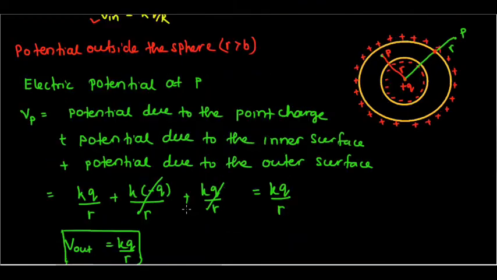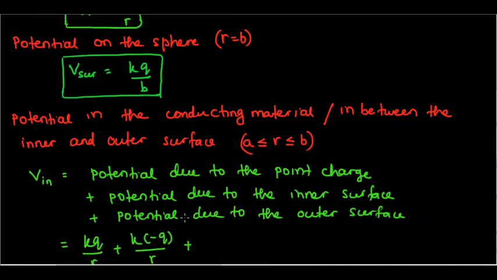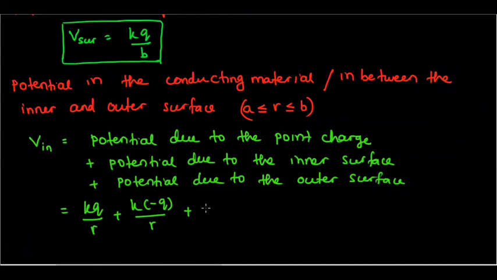So we know that the potential due to a shell at a point inside it is the same as the potential on the shell. So I can write k q by b, because the radius of the outer surface is b. So these two terms will cancel, and you will get k q by b.